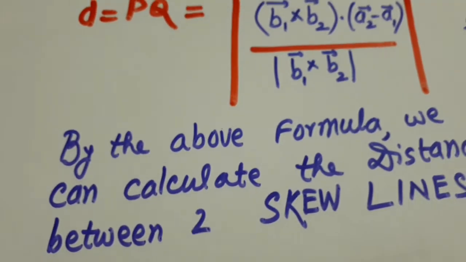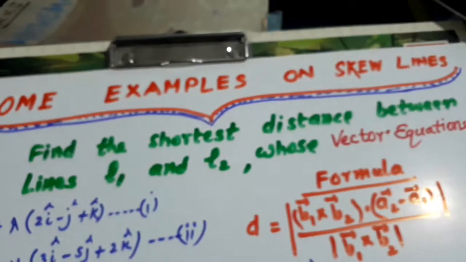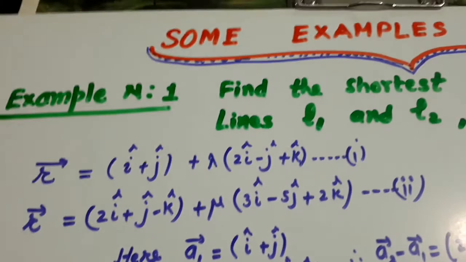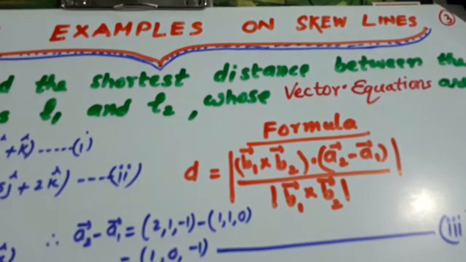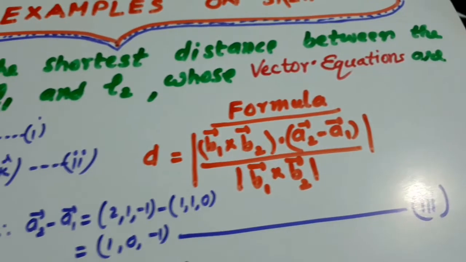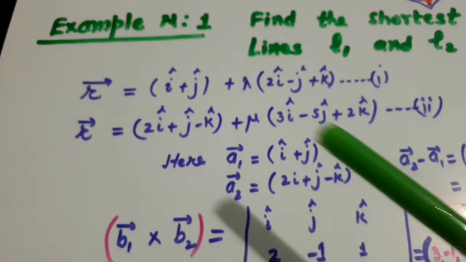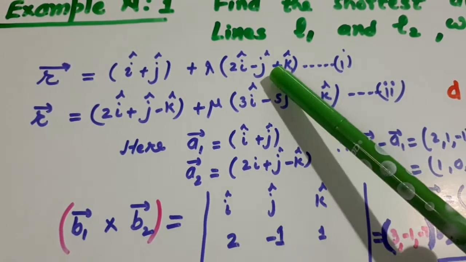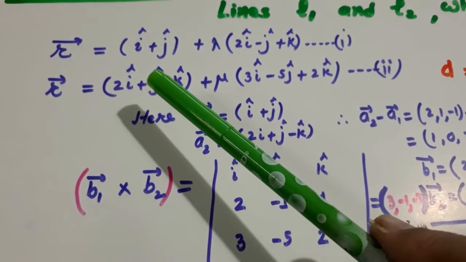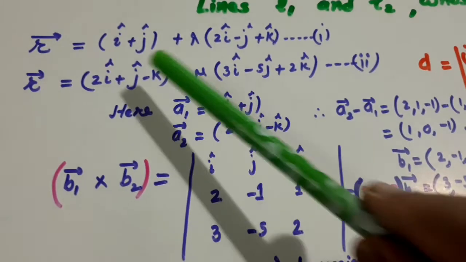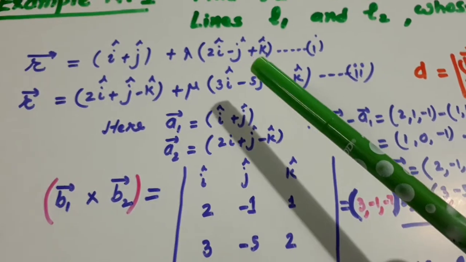Now see, here is the example. Example number 1 on skew lines: find the shortest distance between the lines L1 and L2 whose vector equations are r = a + λb and r = a + μb.